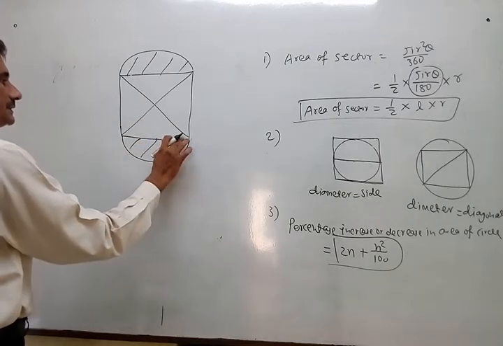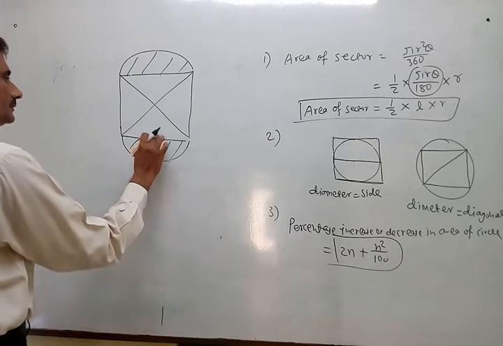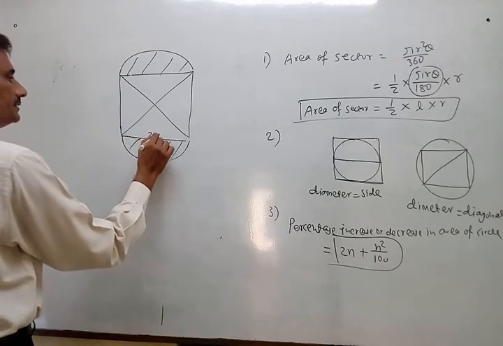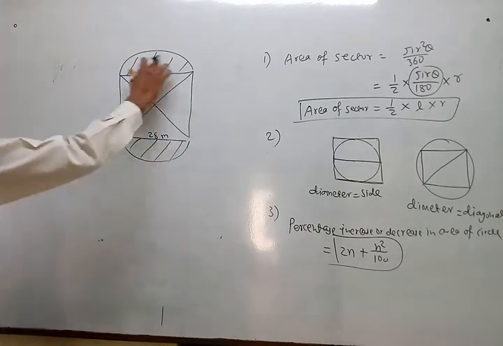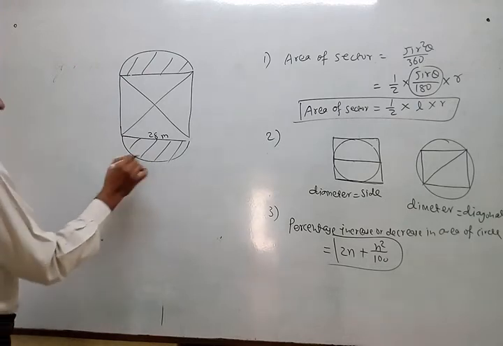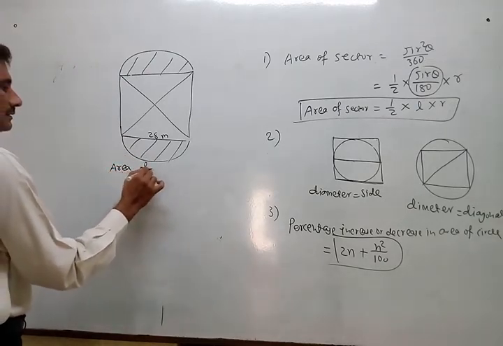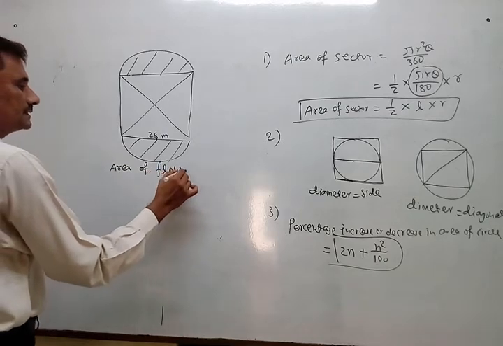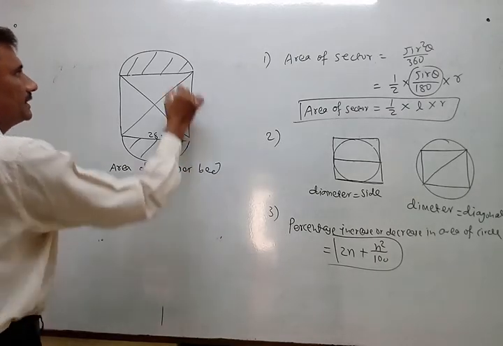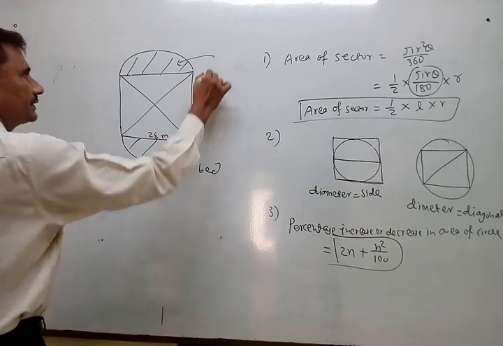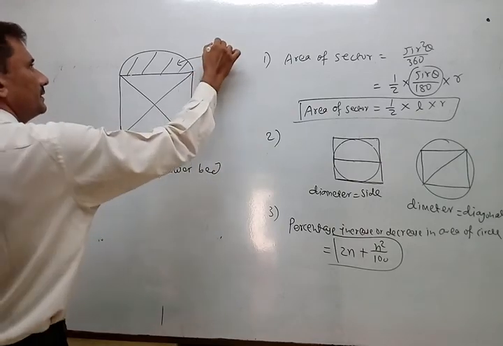Suppose this is 28 meter. Then find the area of the flower bed. Three different answers you have to find. The flower bed is this and this.